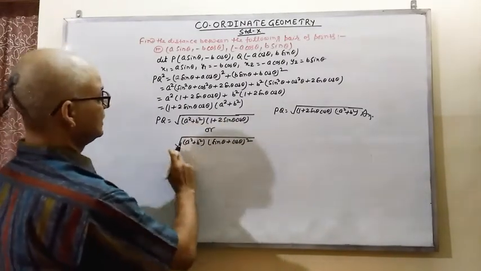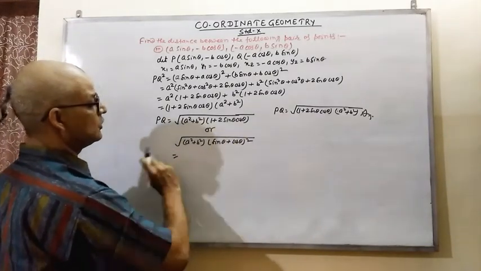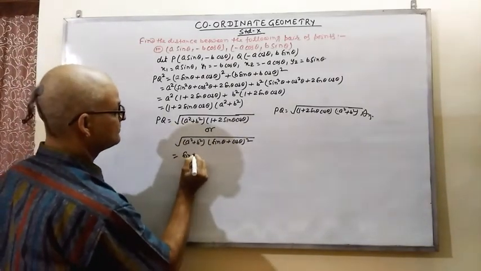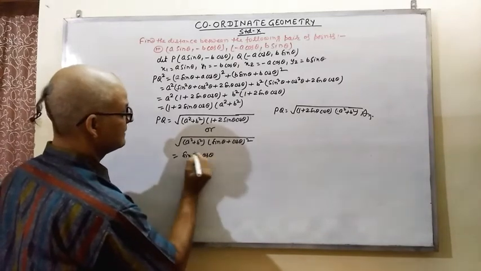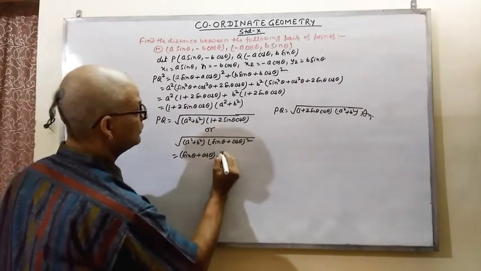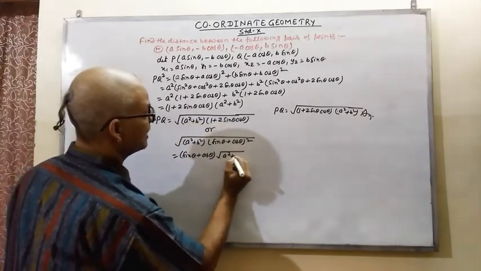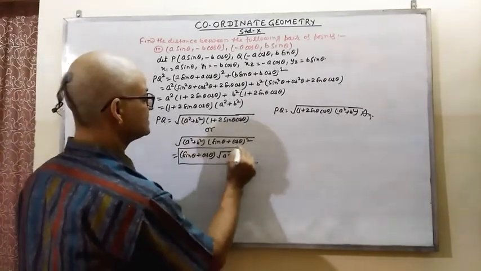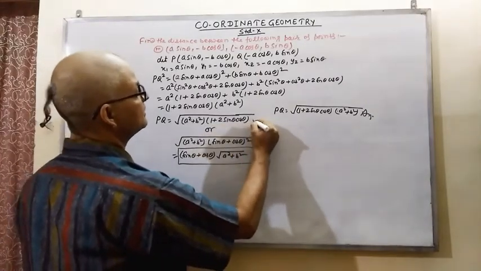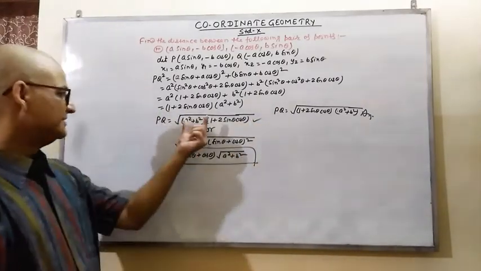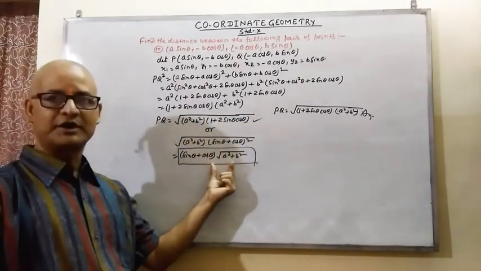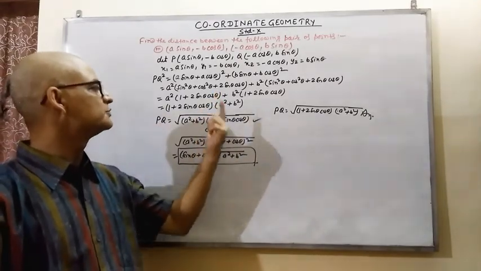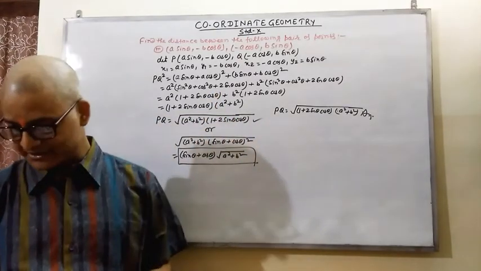So if you take the square root, then this becomes outside. So sin theta plus cos theta into root under a square plus b square. So in some books, in this way also the answer is given. This one is also correct, this one is also correct. In whichever way the student thinks convenient, in that way they can find it out.